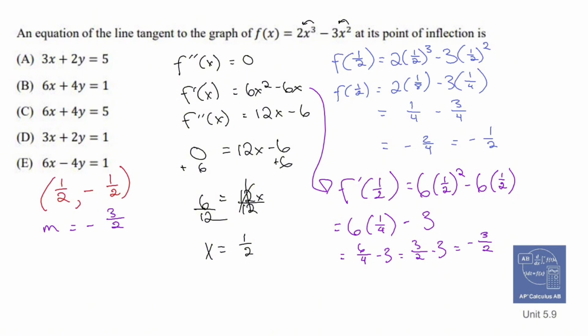So I'll plug this into point-slope form: y minus y sub 1 equals m times the quantity x minus x sub 1, and I'll turn that into standard form, which is what they want. Y minus my y sub 1, so minus negative means plus a half, equals m, which is negative 3/2, times the quantity x minus x sub 1, which is minus a half.